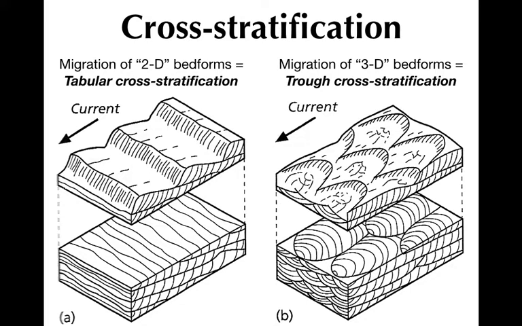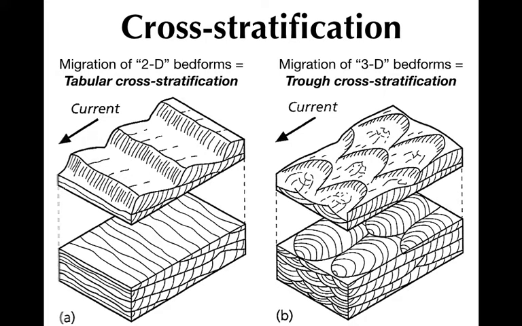So if you look at what those might look like on the sediment surface, you can actually have two main classes of bedforms. Two-dimensional bedforms, 2D bedforms, are bedforms in which the third dimension doesn't really matter. You would call these straight-crested dunes because the crest of the dunes is straight. There's no curvature to it at all.